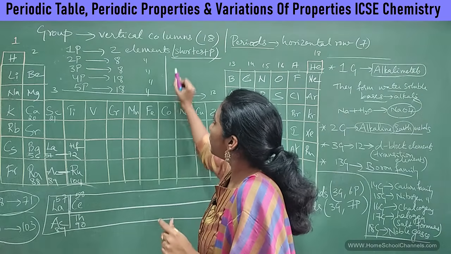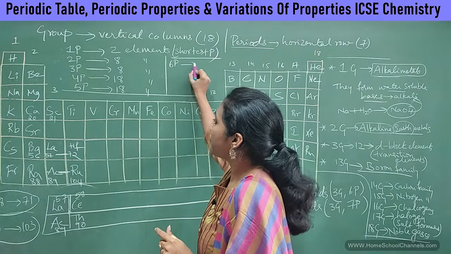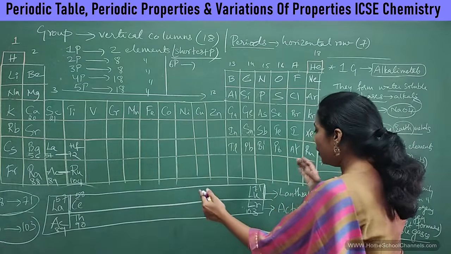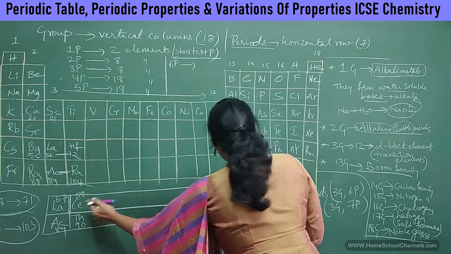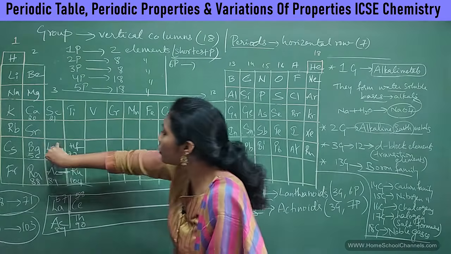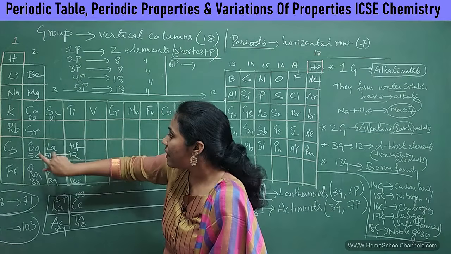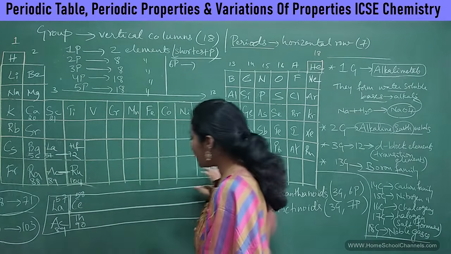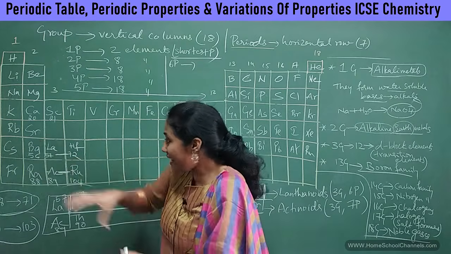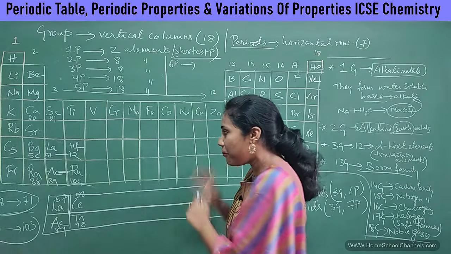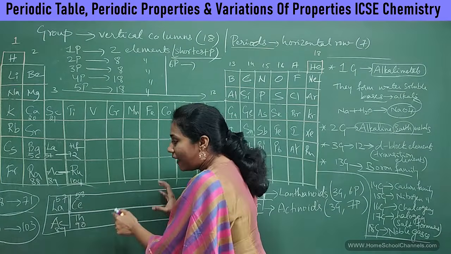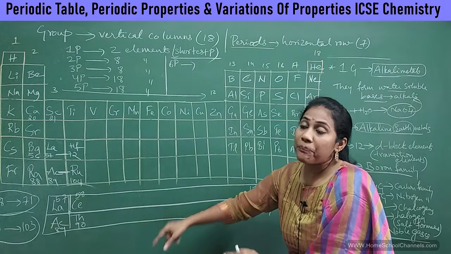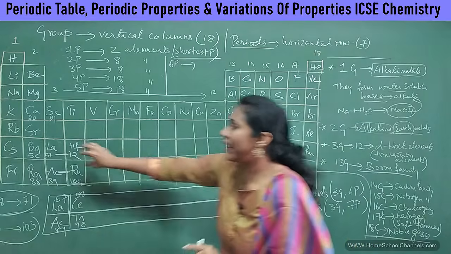Coming to your sixth period, all your 14 elements, from cerium to lutetium, belong to the box where lanthanum is placed. Since they disturb the shape of the periodic table and have a different set of properties, they are placed below the periodic table. But they come here.